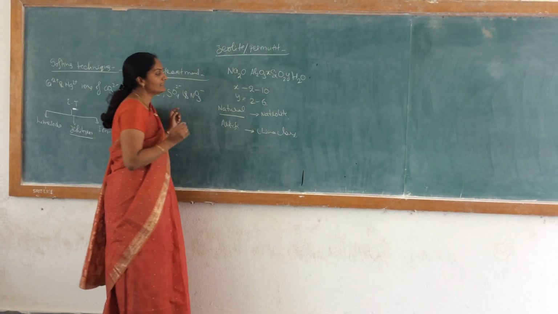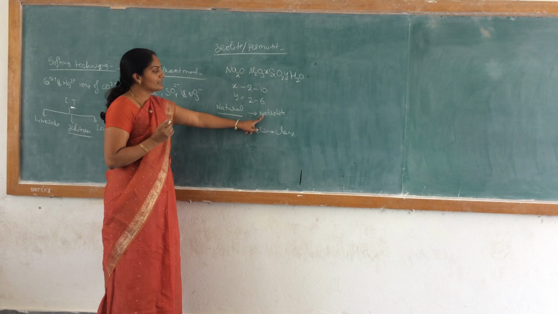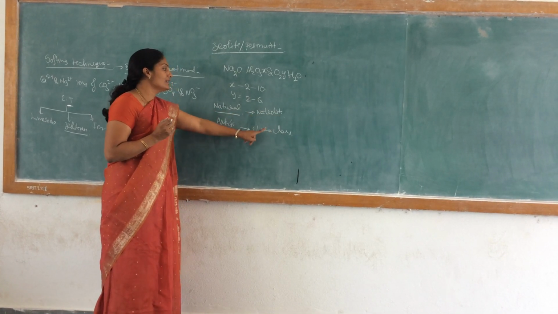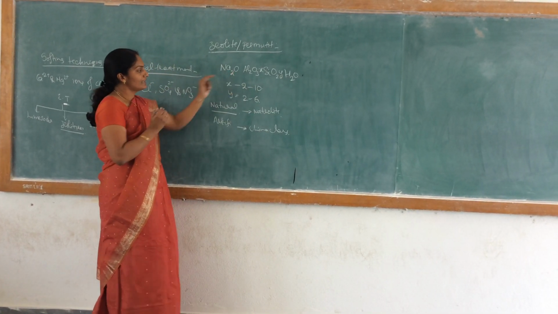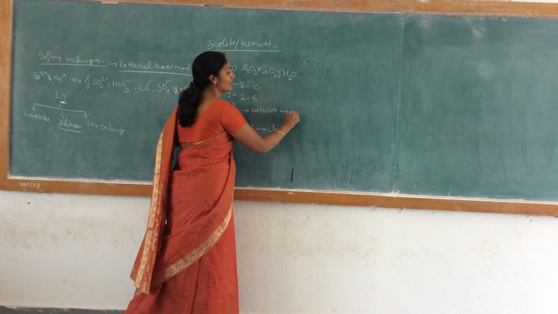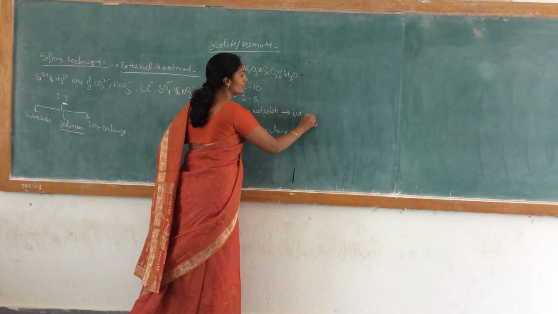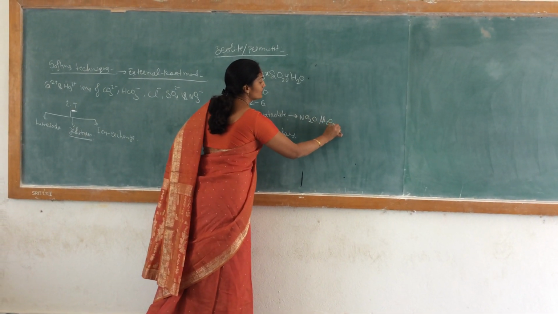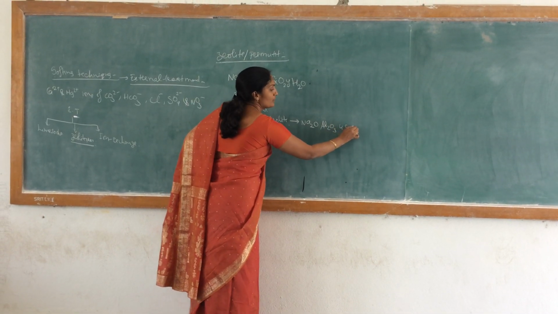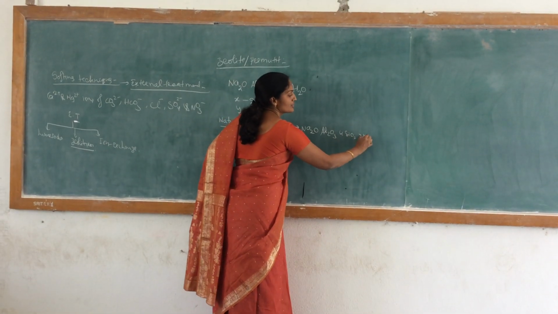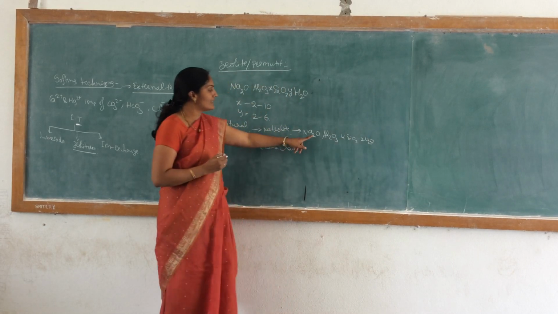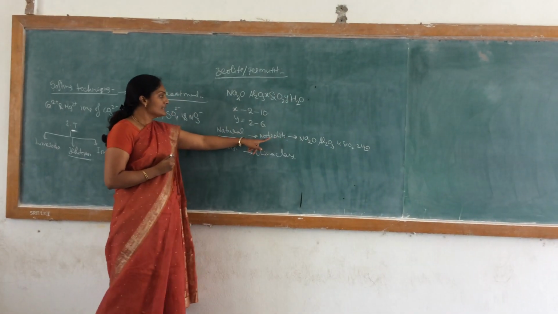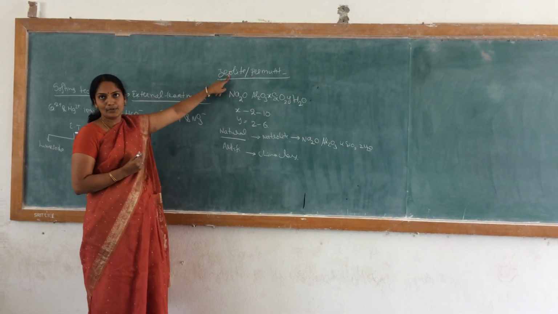Natrolite has the chemical formula Na2O, Al2O3, 4SiO2 and 2H2O. This is the natrolite used in the zeolite process.